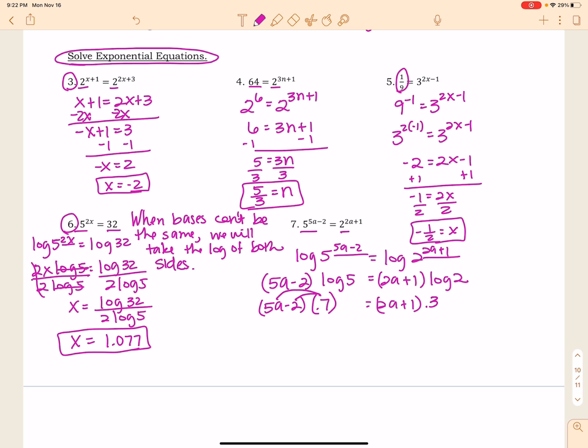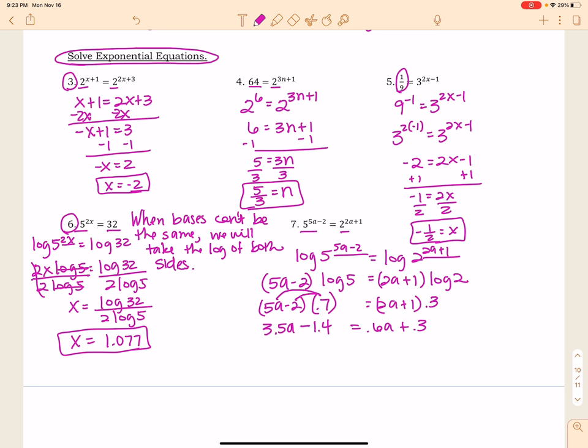When you multiply 0.7 and 5, you get 3.5a minus, and then 0.7 times 2 gives you 1.4. And then I'm going to do the same thing with my other side. So 2 times 0.3 is 0.6a plus 1 times 0.3.